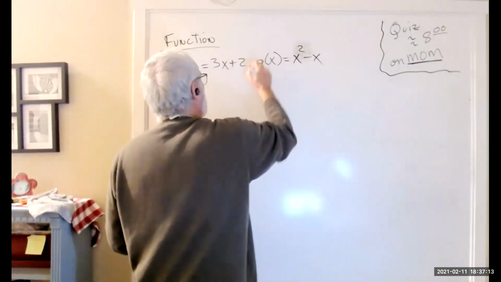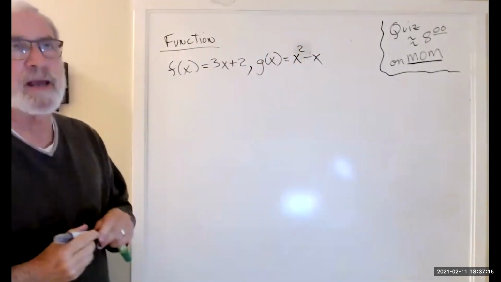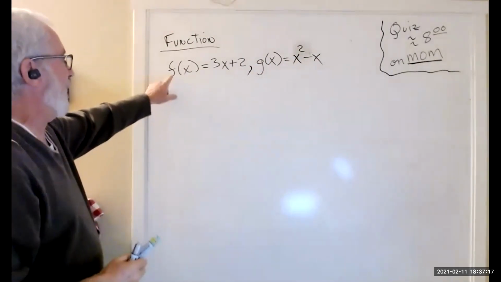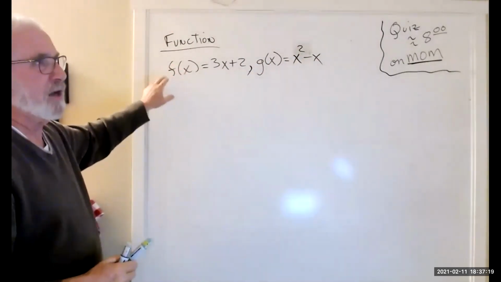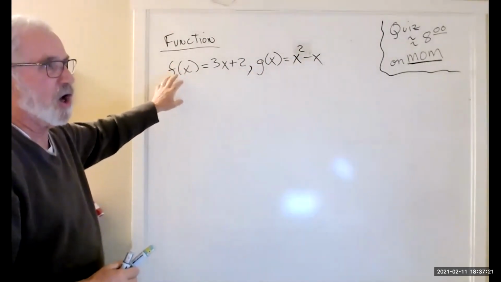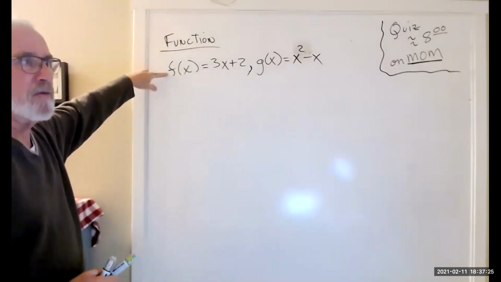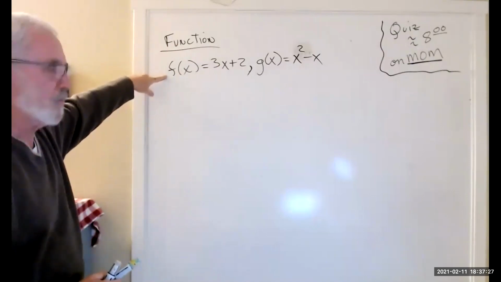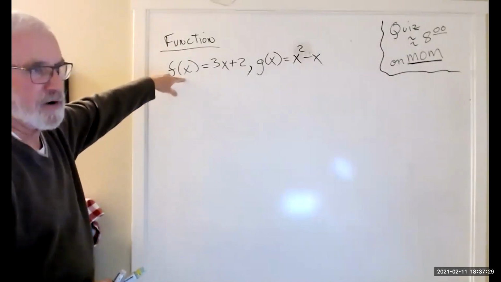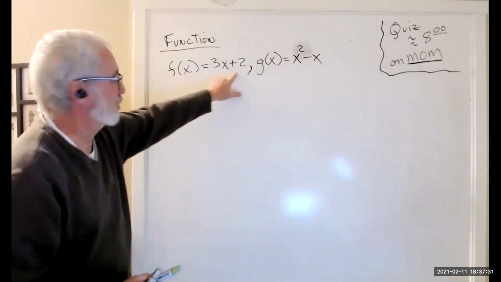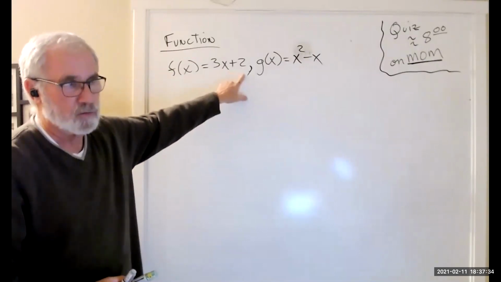So these are two functions that I just made up. This is read as f of x. It is not f times x. It is f of x is this. F is the name of it. This is the f function. X is the variable it uses, and this is the rule that you plug into.